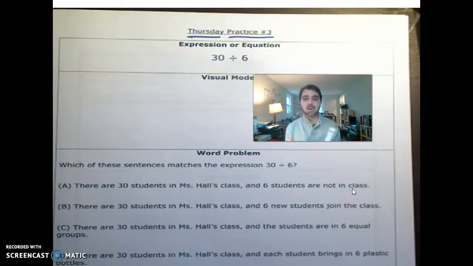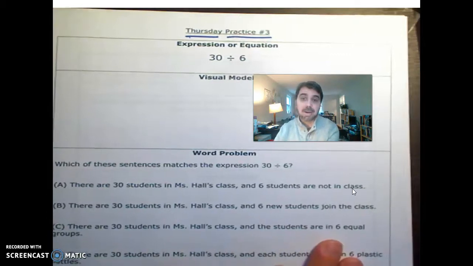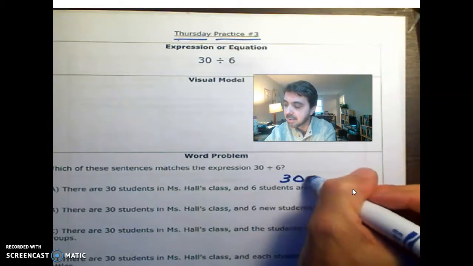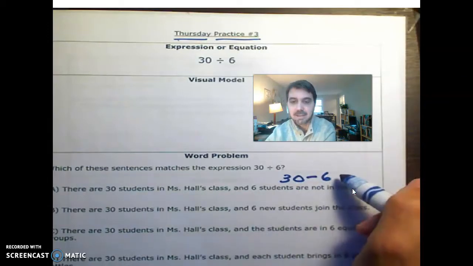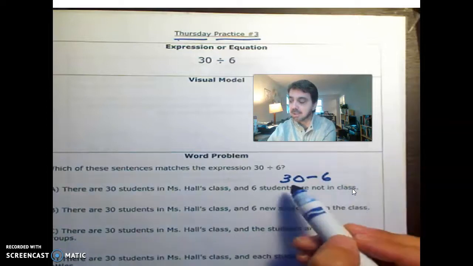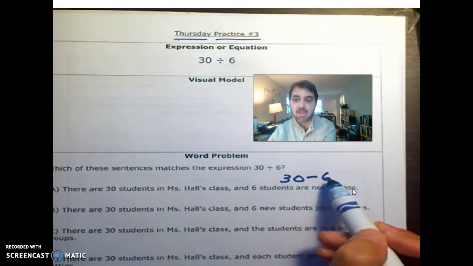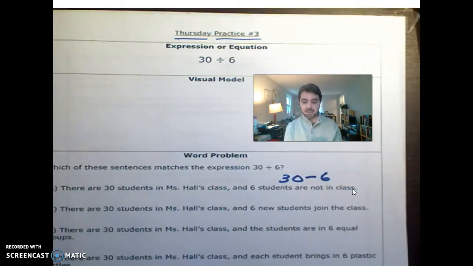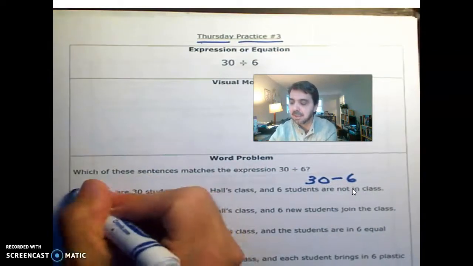If I were going to write a number sentence for that, I would probably write 30 subtract 6, because that would give me the answer of 24 students. There's 30 students, 6 are not there, they're absent. So that's the best expression I could come up with. Best expression would be to subtract. So it can't be A.